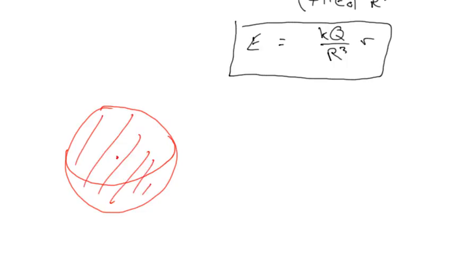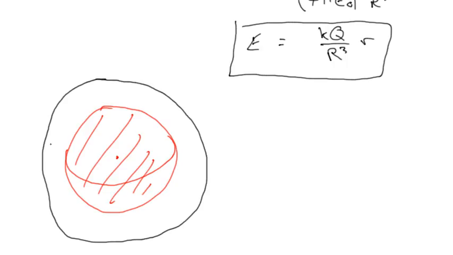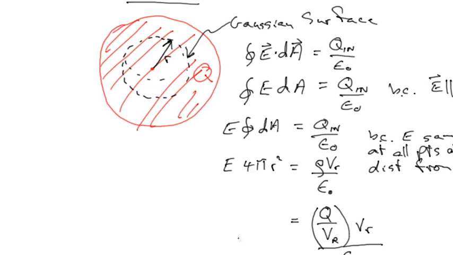There's the center of it, and I choose a Gaussian surface that's a perfect sphere with a radius, I'm going to call it lowercase r, that's bigger than the radius of the ball of charge, which is capital R. So sometimes little r is bigger than big R. I never put the capital R in this diagram.